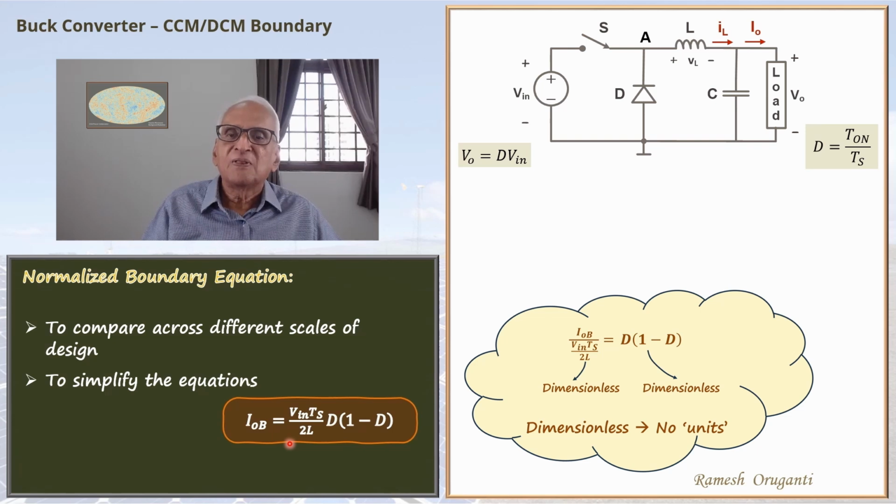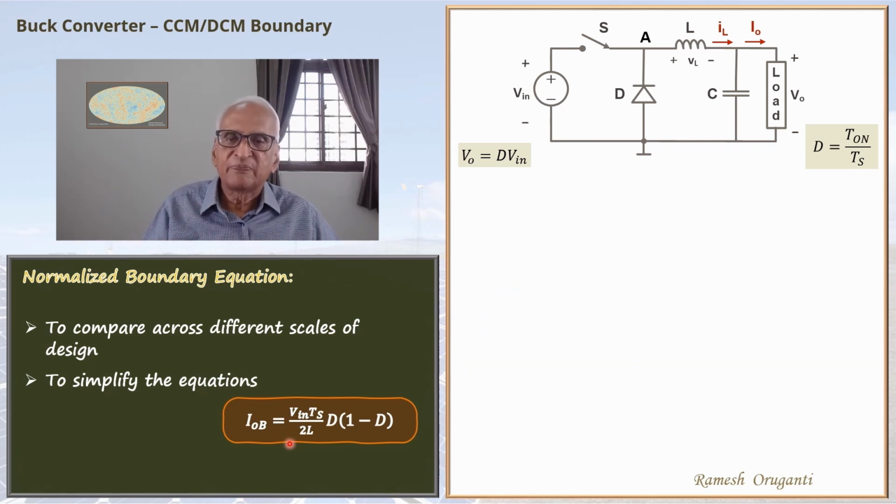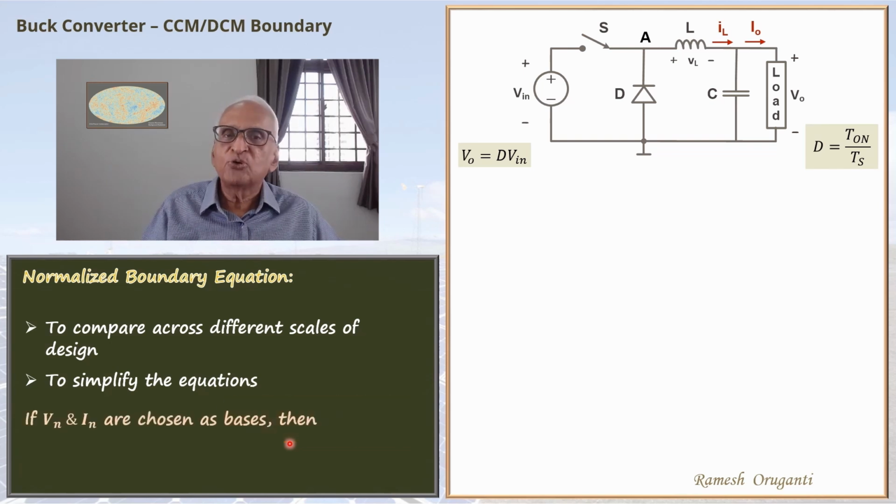In general, if Vn and In are chosen as bases, then any voltage Vx will become a dimensionless quantity Vxn by dividing by Vn. Likewise, any current Ix will become a dimensionless quantity by dividing by the base In.